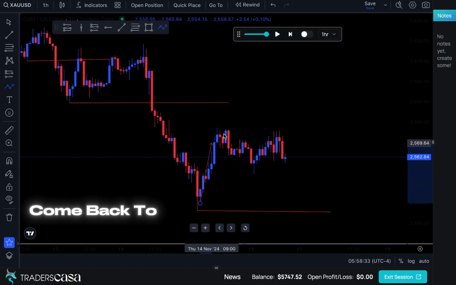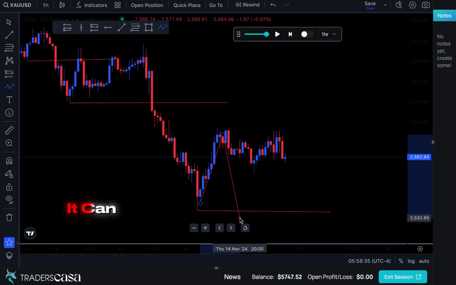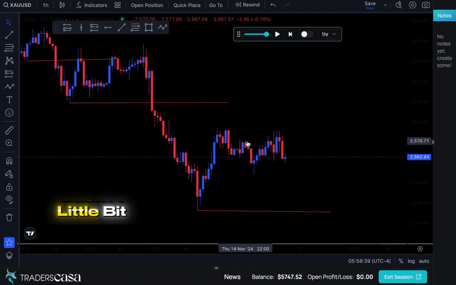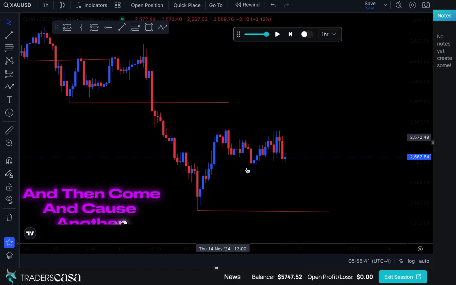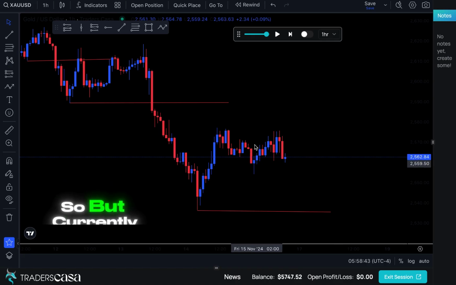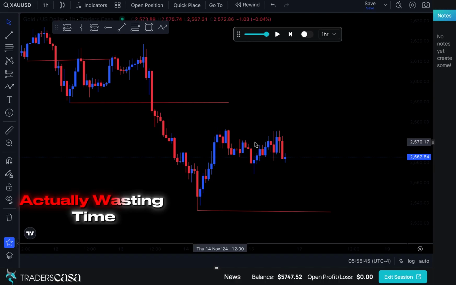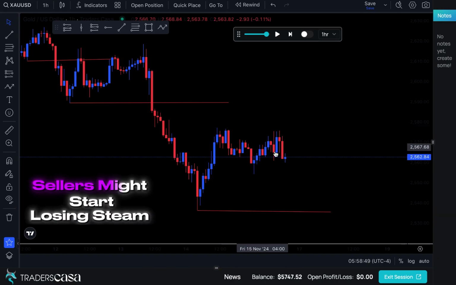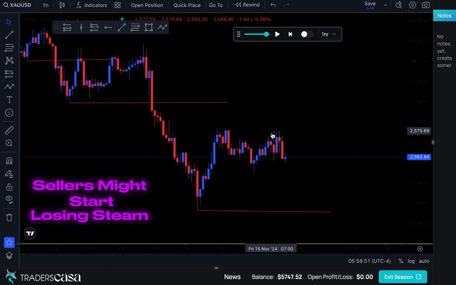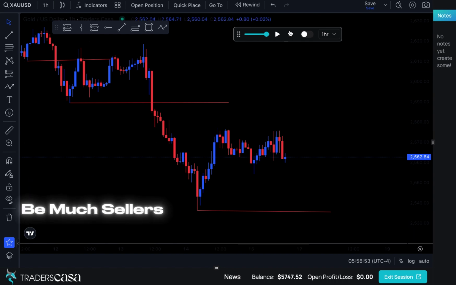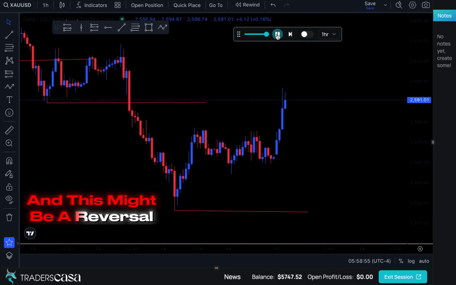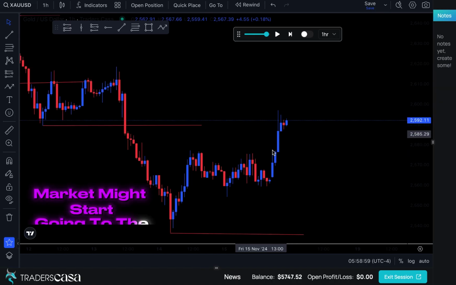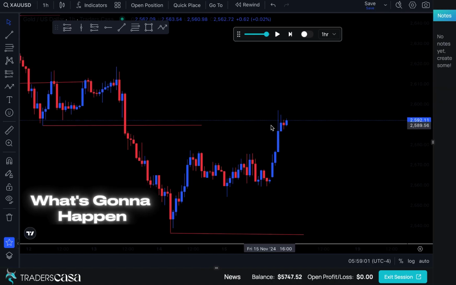If it doesn't come back to this zone immediately, it can just come back a little bit and then cause another break, right? But currently you see it's actually wasting time, and it's beginning to show me that sellers might start losing steam, like there might not be many sellers any longer, and this might be a reversal. Market might start going to the upside, but let's see what's going to happen.